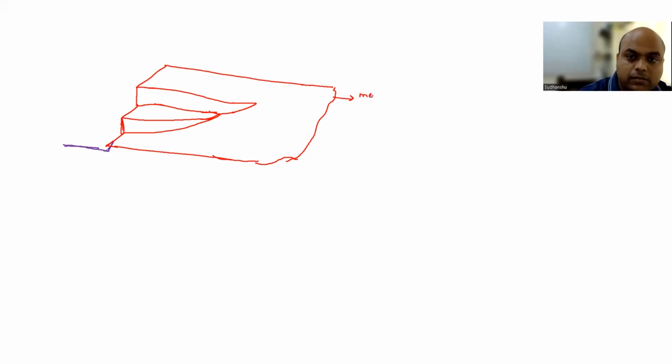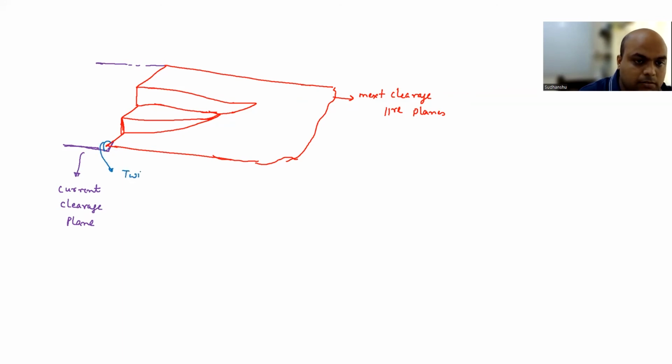So next are the parallel cleavage planes, and this purple one is the original one. It's the current grain, right? So this is your current cleavage plane. And the angle here, you can see this angle here. This is your twist angle.